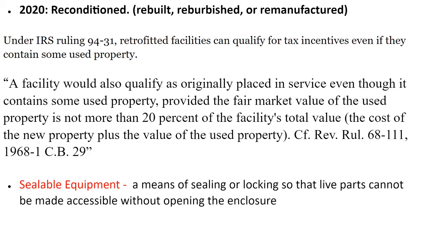So that's kind of interesting. Potentially, you could do a used lithium-ion battery project using used electric vehicle batteries and still qualify for the solar tax credit if everything else was new and those batteries were only 20% of the system cost.